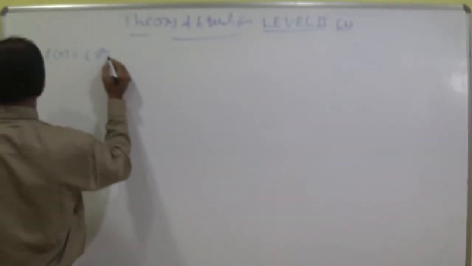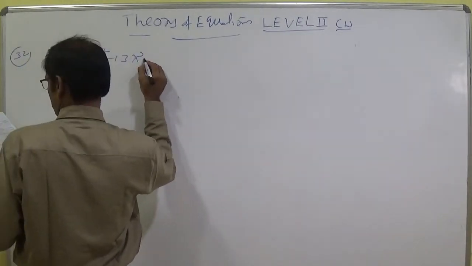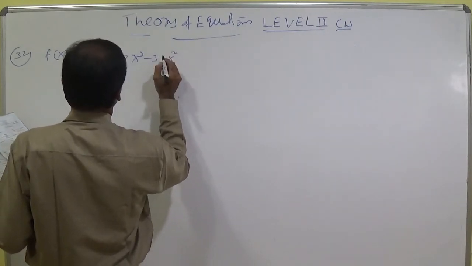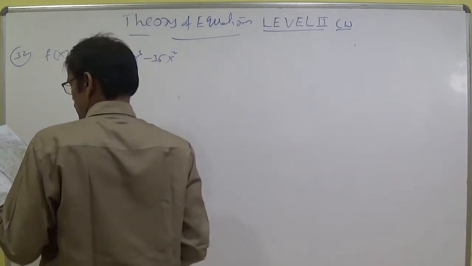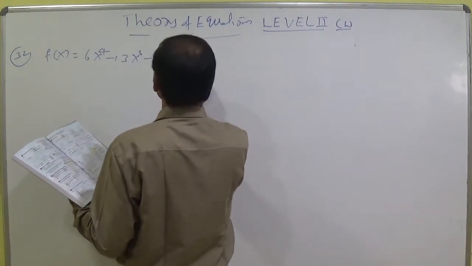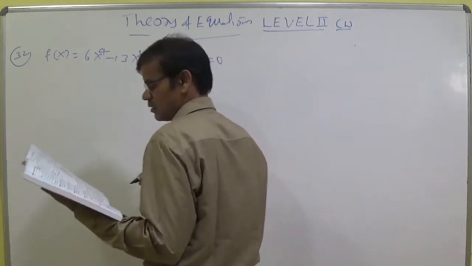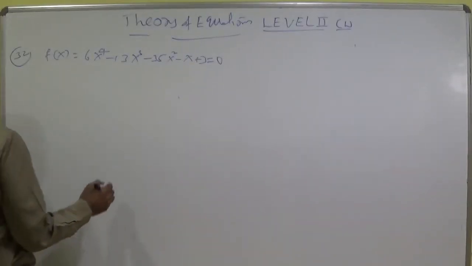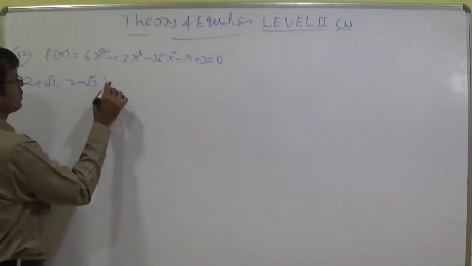F of x equal to 6x power 4 minus 13x cube minus 35x square minus x plus 3 equal to 0. 2 plus root 3 is a root. Whenever 2 plus root 3 is a root, then 2 minus root 3 is also a root.